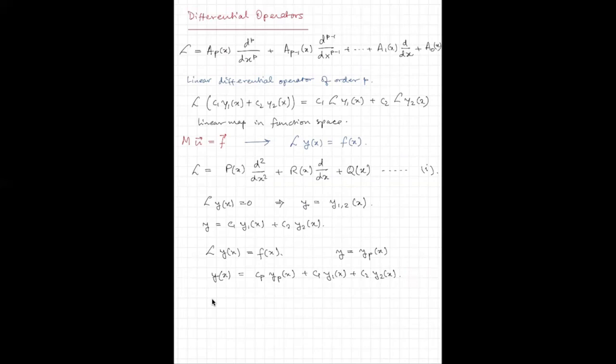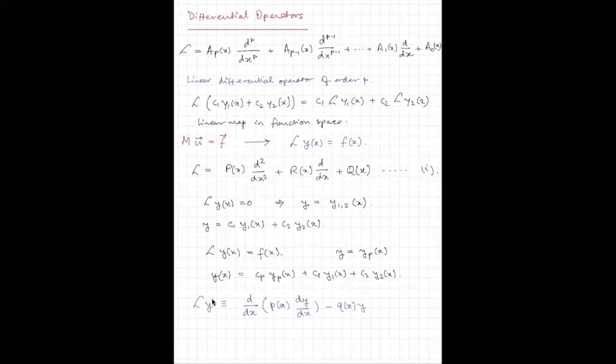All right, for the moment, we will look at second order equations, second order operators. So let's look at this second order equation, and we define L of y as d/dx of p(x) dy/dx minus q(x) y.